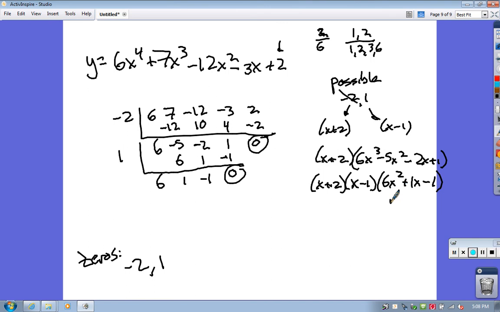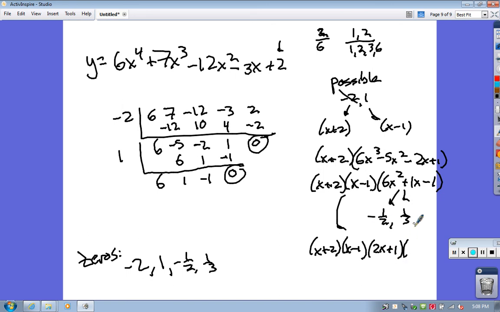When I use the quadratic formula on my calculator, I get -1/2 and 1/3. So great, that gives me my other 2 zeros, which would be -1/2 and 1/3. If I had to factor it, it would be x plus 2 times x minus 1, and then if I were to factor this, I would get 2x plus 1, and 3x minus 1.